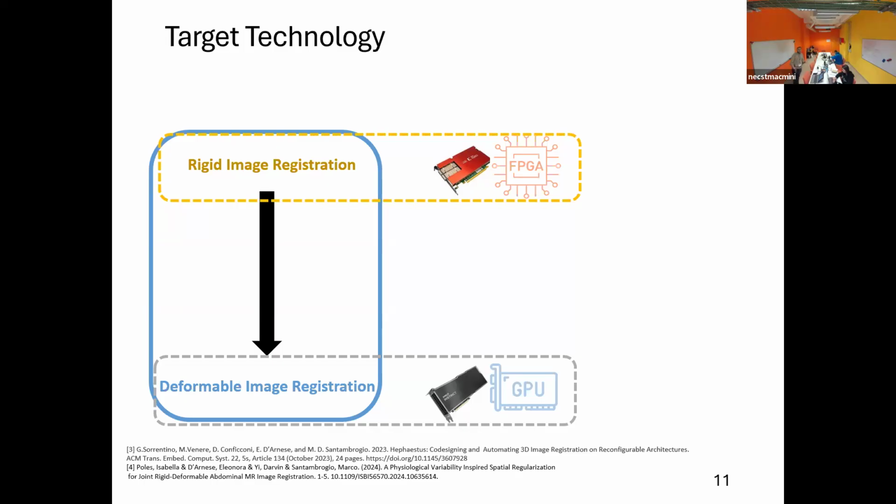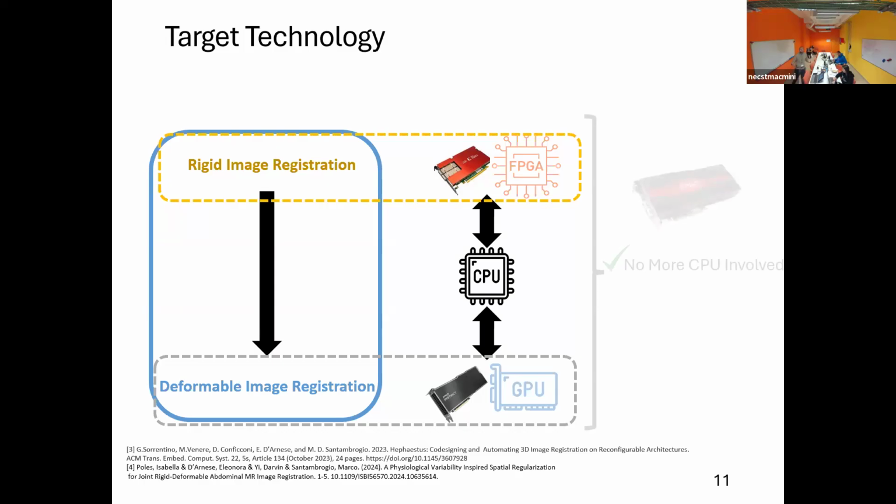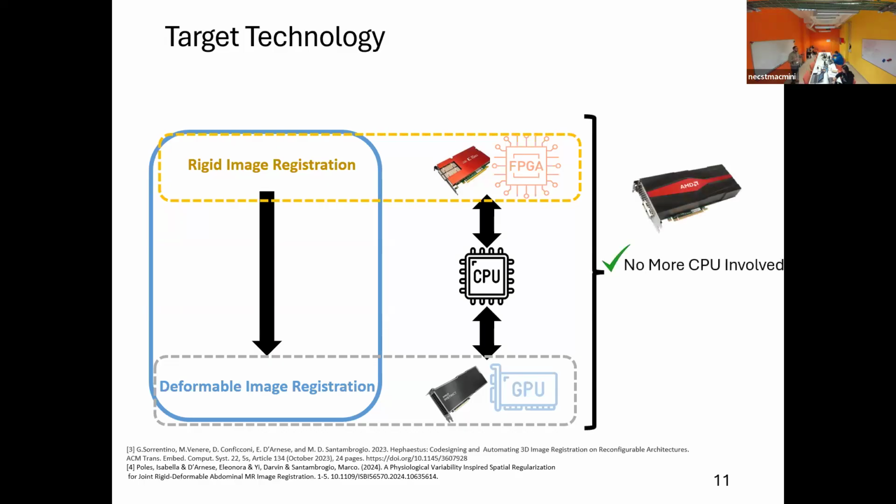The problem in this scenario is that to make the two architectures communicate, today we need to use a CPU in the middle, which strongly degrades performance. So my technology choice for this research is versatile systems that merge the benefits of FPGAs and GPUs without suffering the drawback of having a CPU, because everything is combined in a single heterogeneous device.